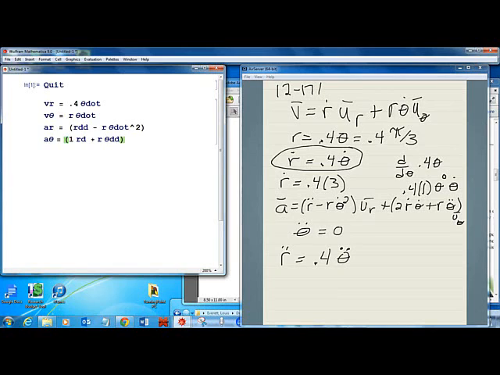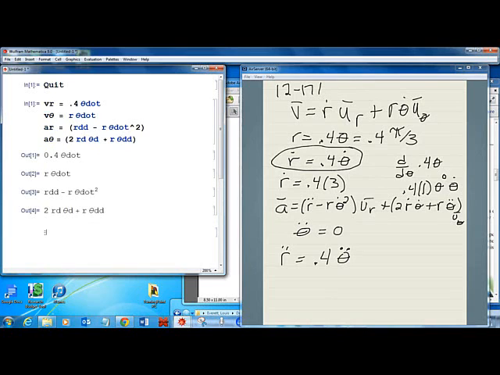Did I do something? Oh, instead of an R, R dot. Oh, 2 R dot theta dot. I didn't put the theta dot either, did I? Yeah, a calculator would be so much better here. Did I get them okay?